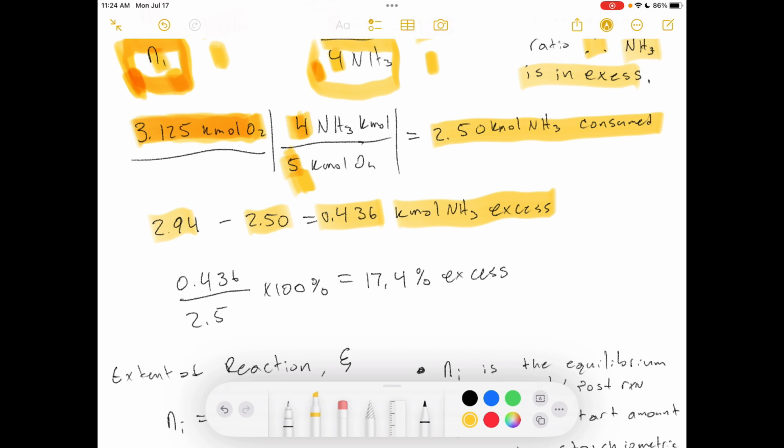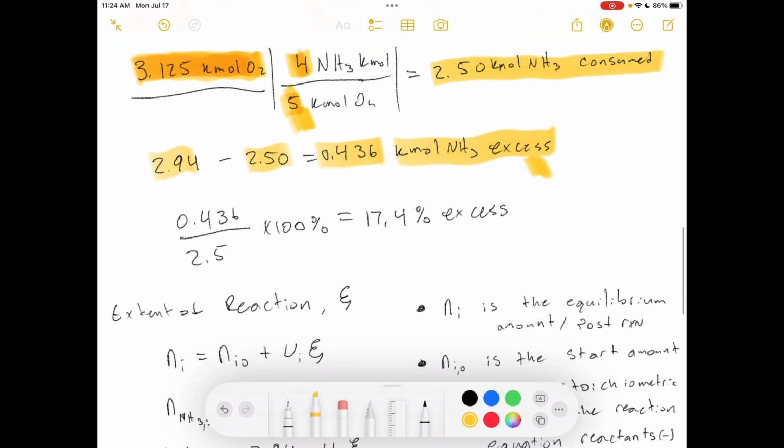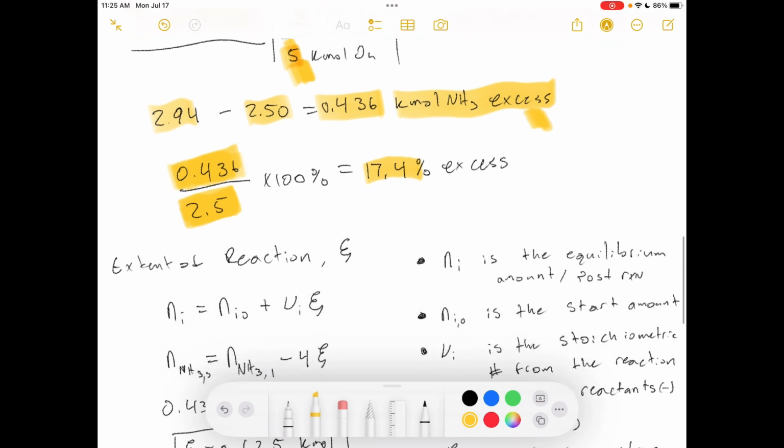We know oxygen is the limiting reactant, so the other is in excess. This is how much is consumed, this is how much is extra, so we have 17.4% excess.